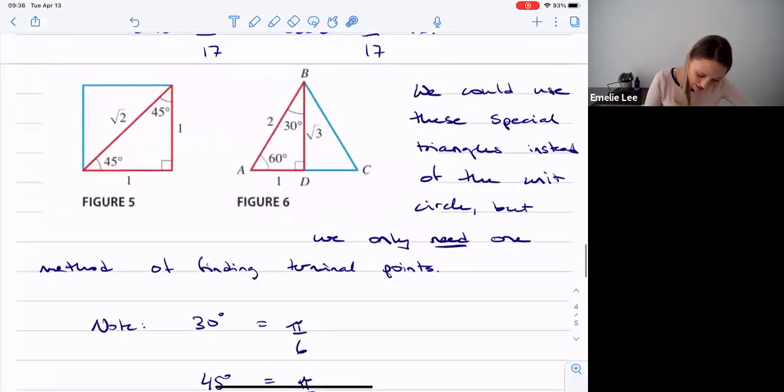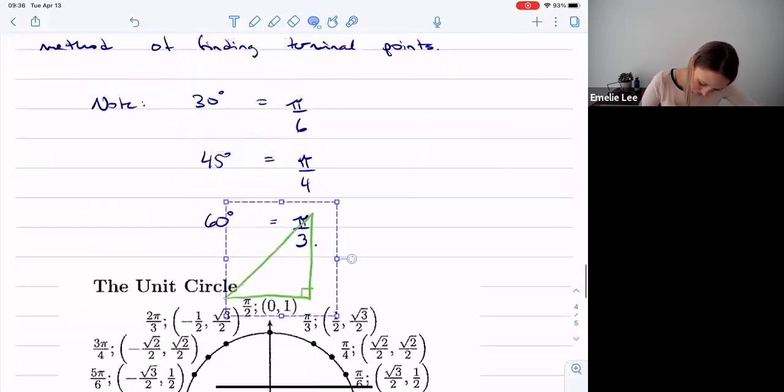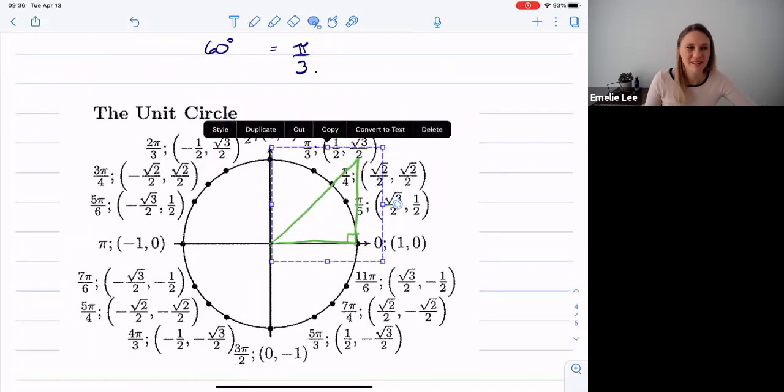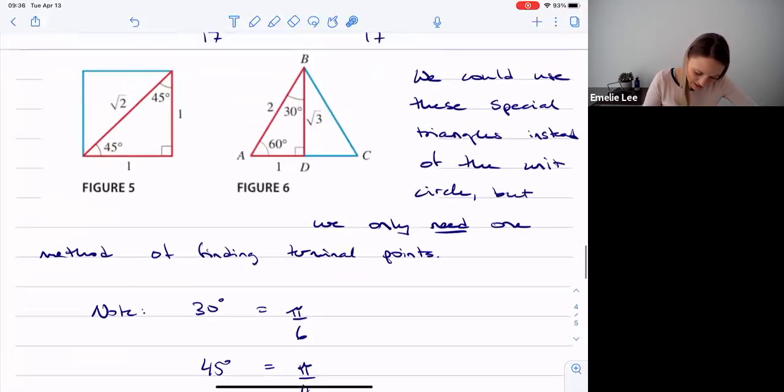Okay. So what I'm going to try to do is trace this guy. And I'm just going to copy it here. See how this goes. Hey, that's perfectly sized. Because remember, this side has a length of 1.